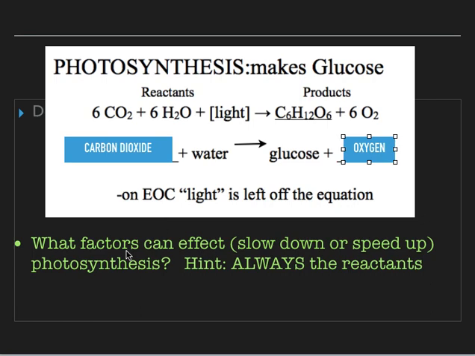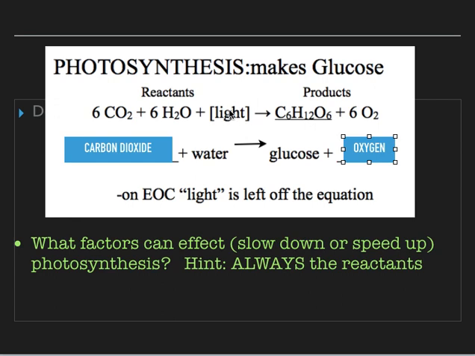Okay. Now, what factors affect photosynthesis? Well, what can speed up photosynthesis? Well, if you give the plant more water, that could speed up photosynthesis. You're going to make more food when it's a completely sunny day all day long versus it's only sunny for a couple hours in the morning and then it's cloudy the rest of the day.